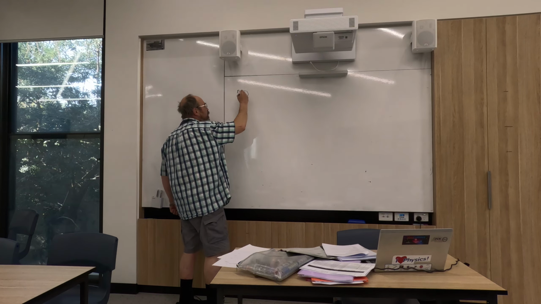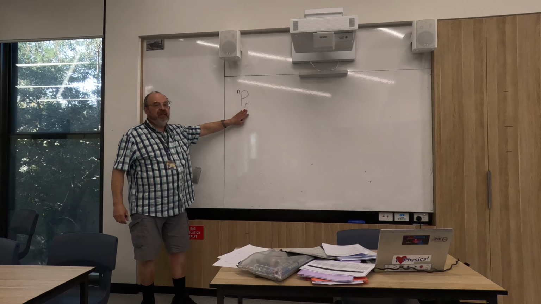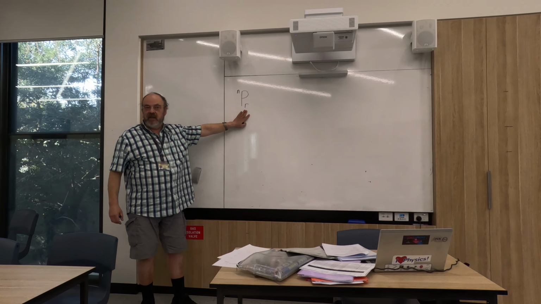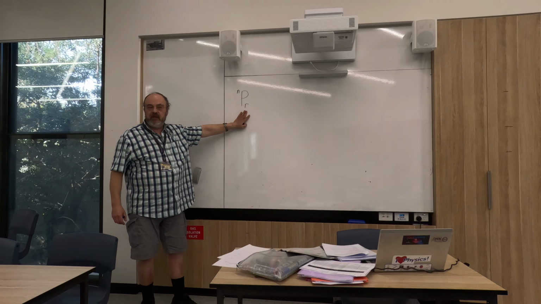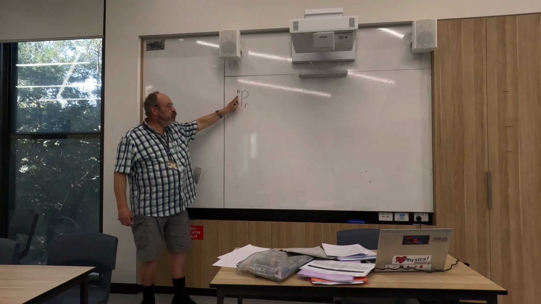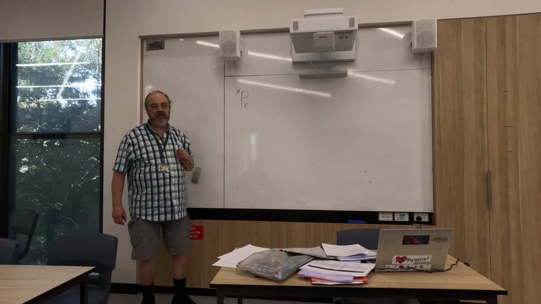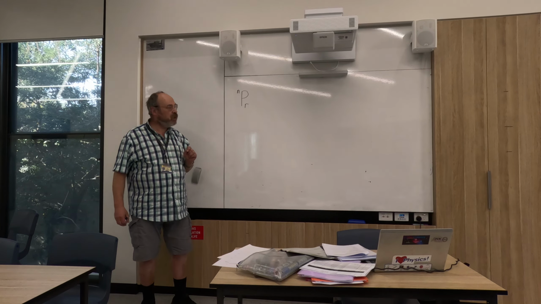P and R, that's the notation. It is the number of ways we can choose r objects out of n objects if order is important. If order is important, that is permutations.